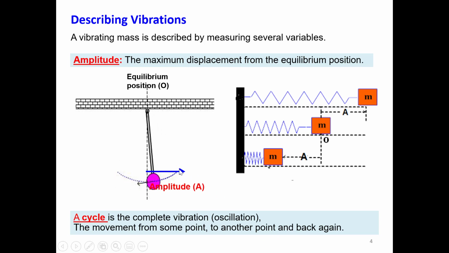The system moves from here to this point and then back again to the original position, and this is one complete vibration. The cycle is one complete oscillation, or complete vibration.